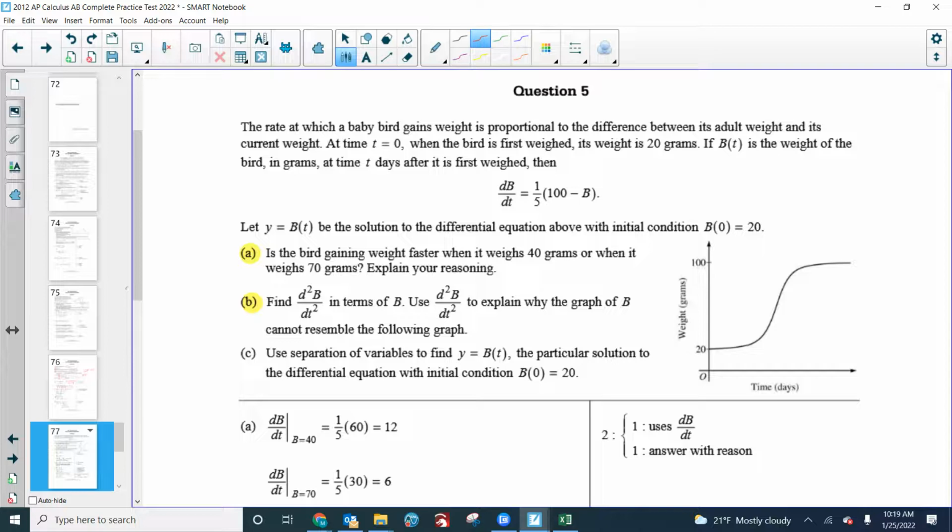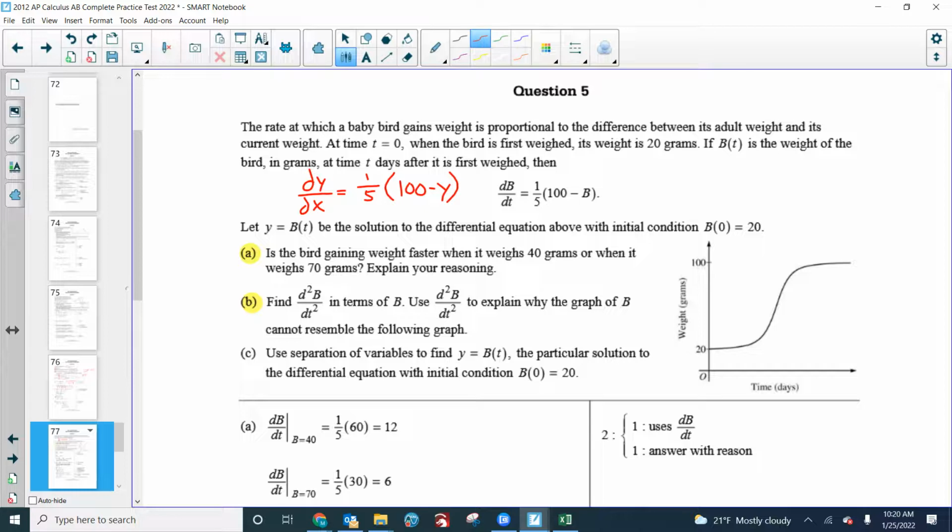All right, let's back up. It's crazy what a variable substitution would do for you. dy dx equals 1/5 (100 minus B). What should jump out at you? The capital B or the y?